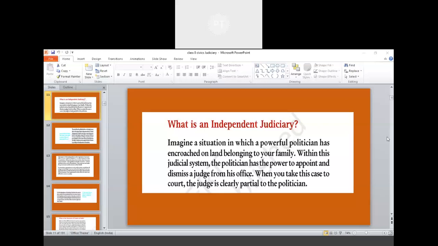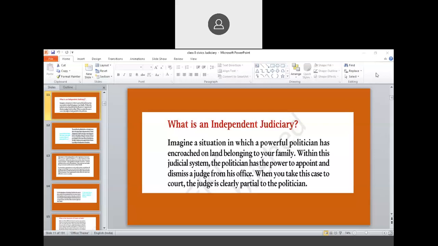That means the judiciary cannot be controlled either by the legislature or by the executive. Who becomes the Chief Justice of India is purely because of his educational qualification and service merit. It is not a political post.